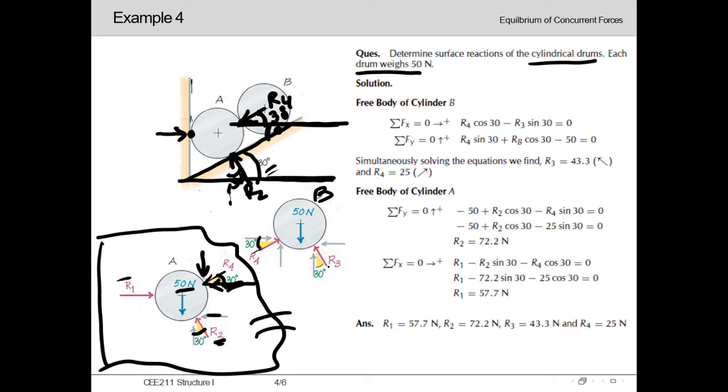Now here is another force R3. So this R3 will be at an angle of 30 degrees with the vertical force component, as this plane is at an angle of 30 degrees with the horizontal axis.